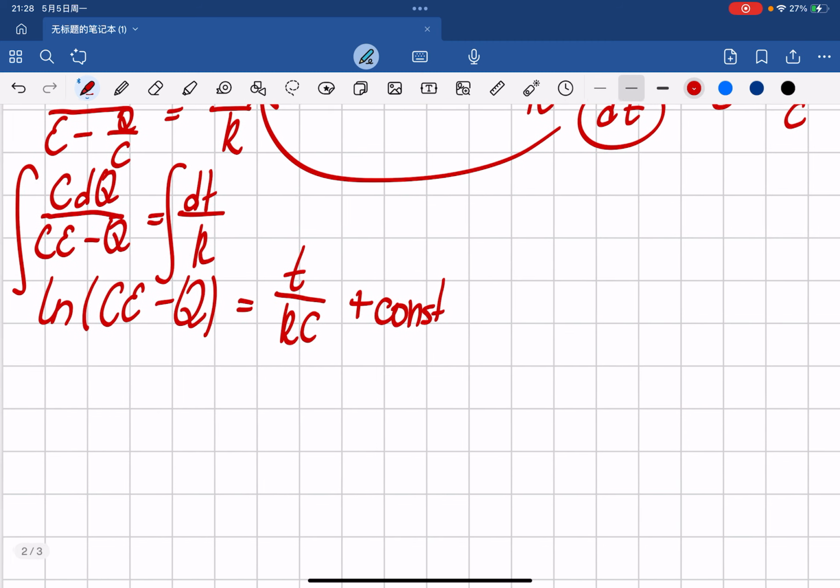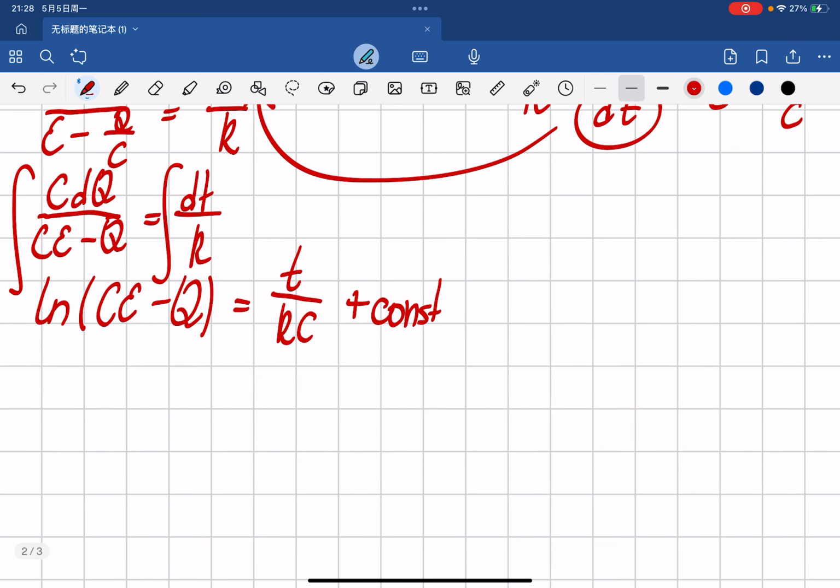And how do we find the constant? We will use the initial condition. It means that when time is equal to 0, then charge will also be equal to 0. And it means that ln CE will be equal to the constant.